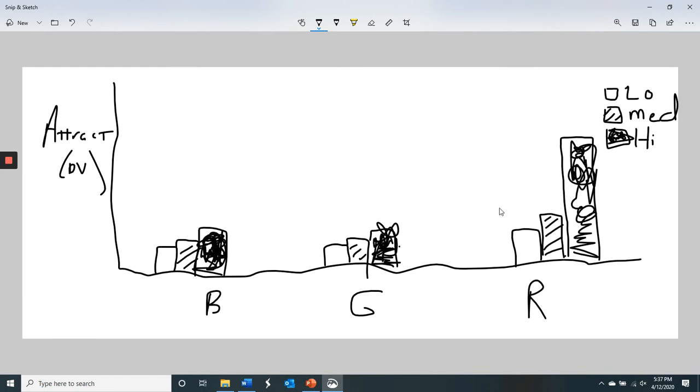So again, for the low and the medium people, there was a step up. It kind of goes up a little bit here. For the medium, it goes up a little bit. For the low, there's a step up there. But for the high in sociosexuality, there's this huge jump.